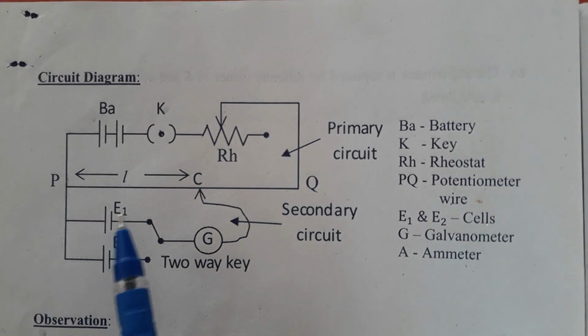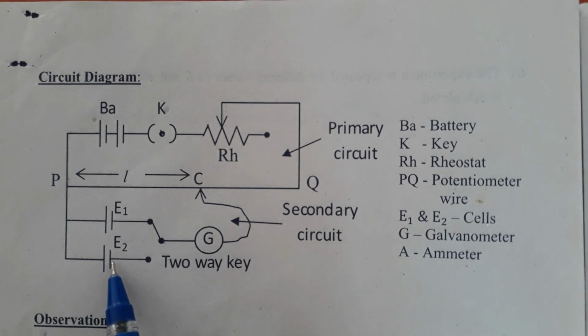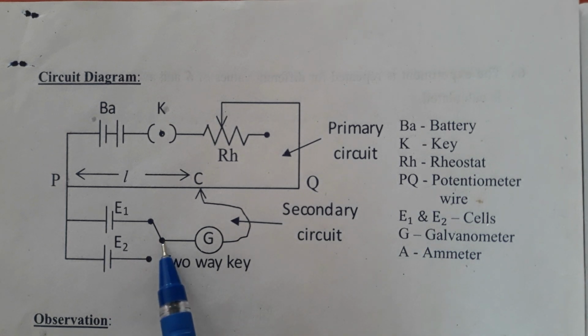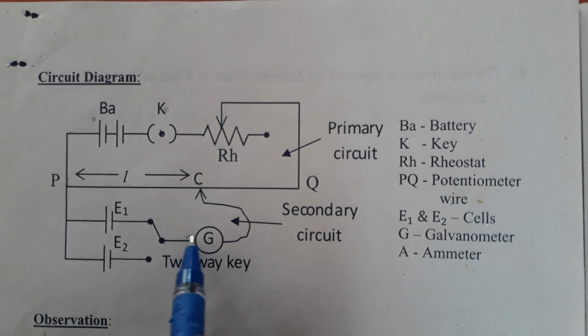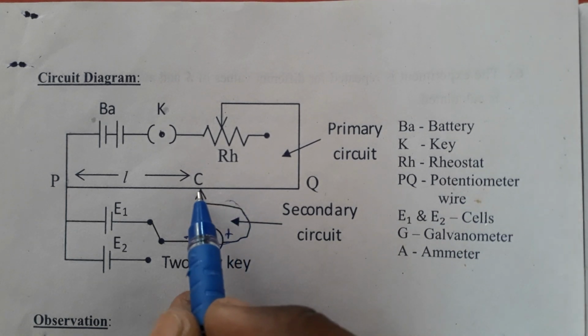After that, E1 negative. E1 means the Leclanche cell negative goes to the two-way plug key first end. Daniell cell E2 negative goes to the two-way plug key last end. Okay. The center end goes to the galvanometer negative. Galvanometer positive goes to the jockey.